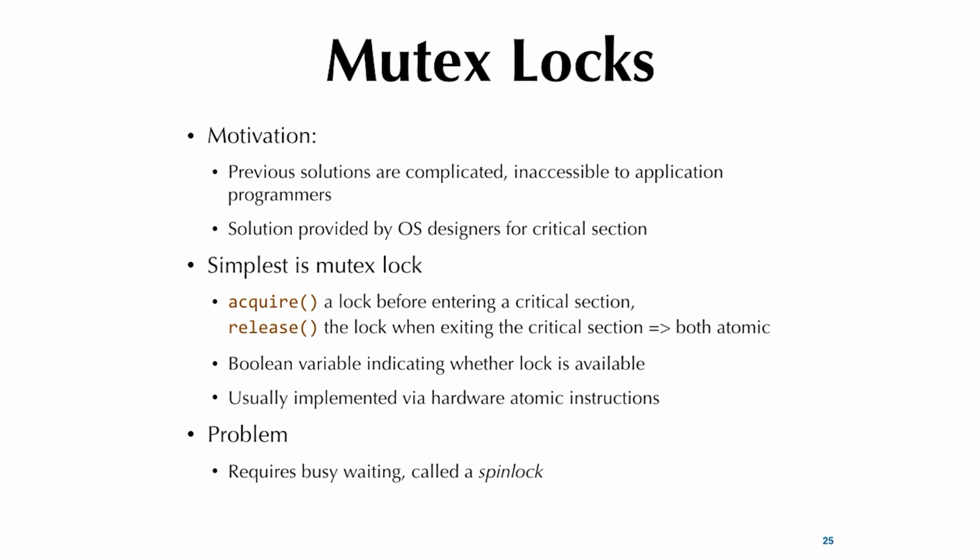This is really the standard terminology: acquire and release. Acquire is to acquire a lock before entering a critical section, and release is to unlock, and both should be atomic. A Boolean variable will be the lock to indicate the state, whether it's locked or unlocked. And usually it's implemented via hardware atomic instructions.